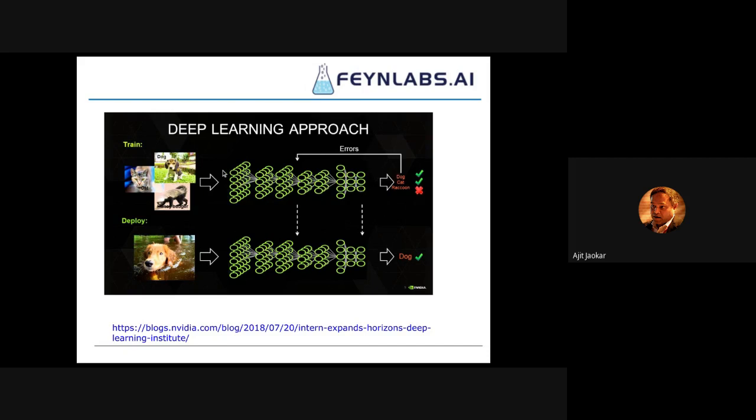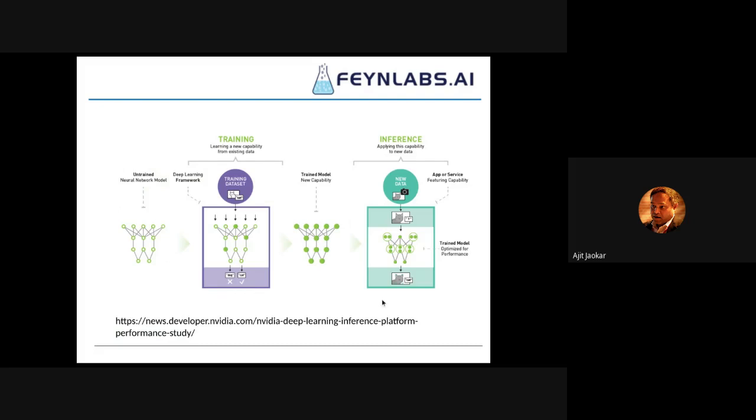These are labeled images, by the way, so it shows what is a dog or a cat. Then it is trained, and then it is shown a picture which it has not seen before, and it is able to identify what it is. That way the neuron is trained. Here you can see that the green connections are formed. On the left hand side, when it is untrained, the connections are not formed. So that's the general idea of training a neuron.